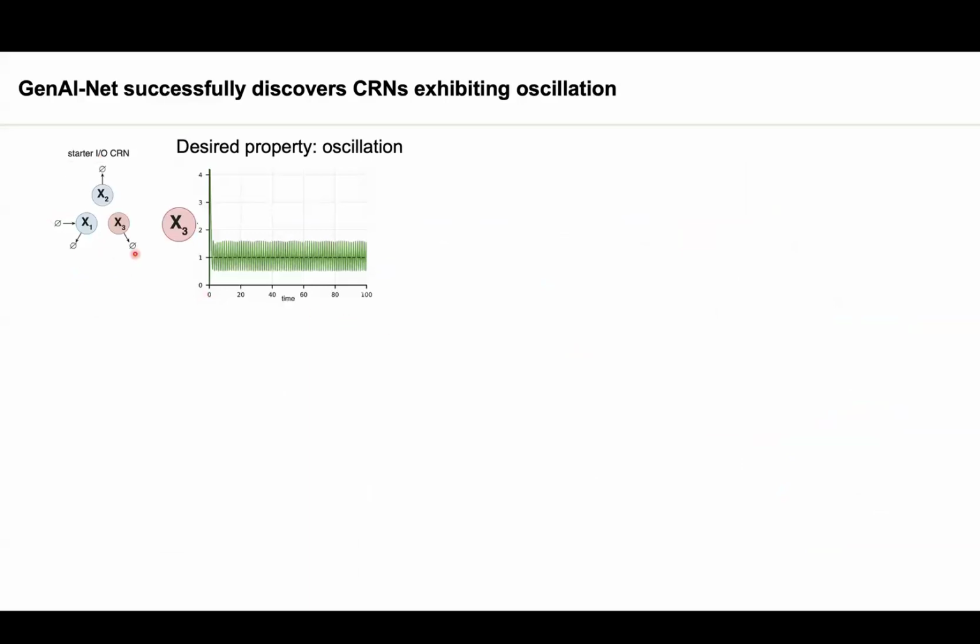We can also use this GenAI-Net for oscillation. In this case, we have to set the loss function really carefully because we have to quantify this oscillation.